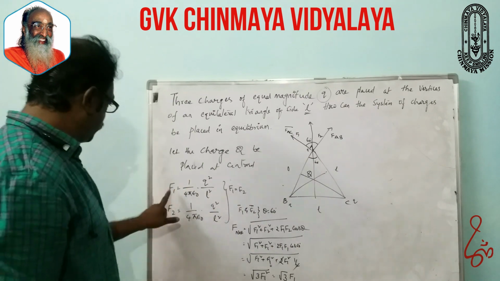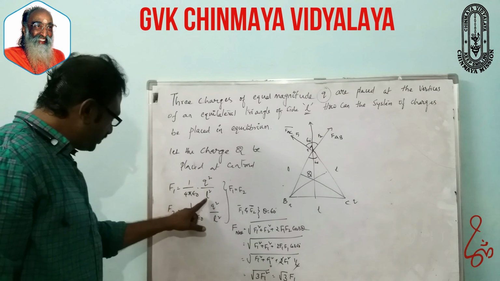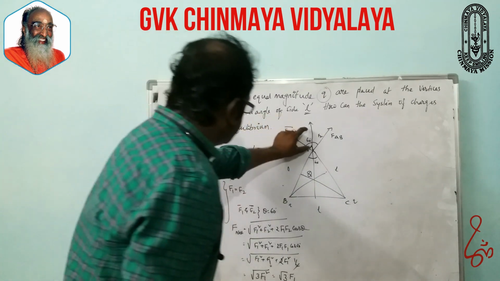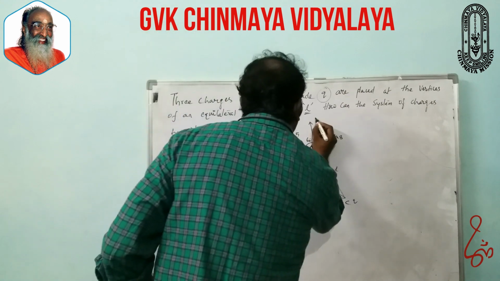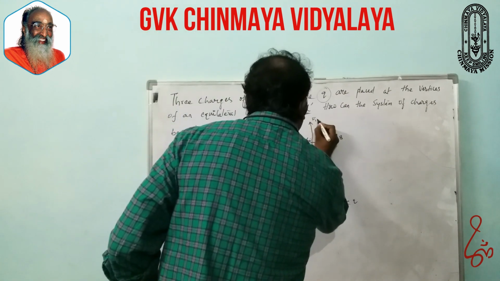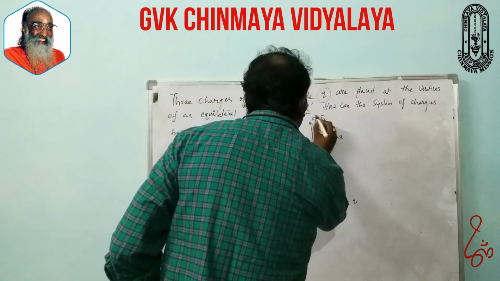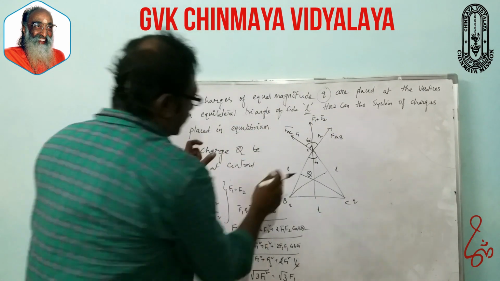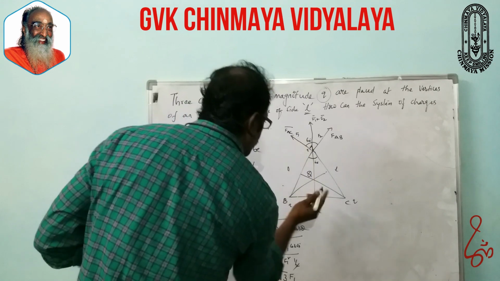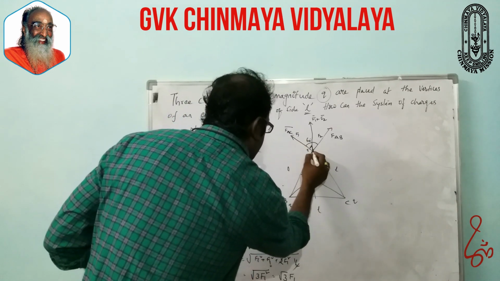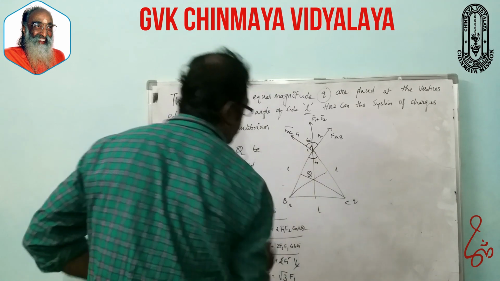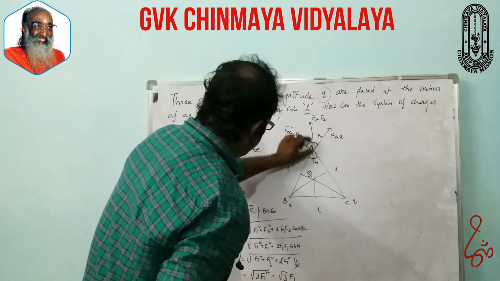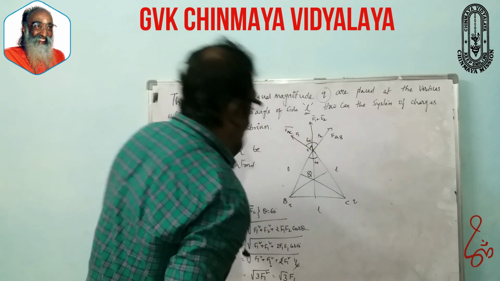And you know what is F1? 1 by 4 pi epsilon naught, Q square by L square. So if you just look at this F net, F1 plus F2, and the force exerted between the small q and capital Q here, to get the force balancing, these two should be equal and opposite.